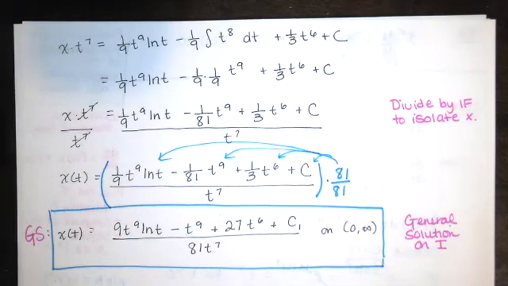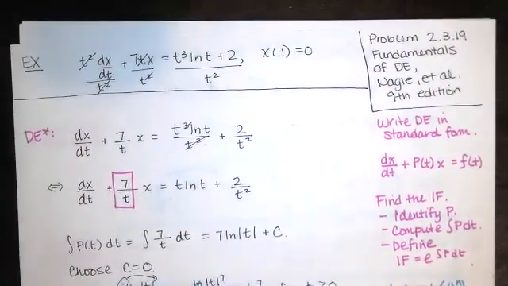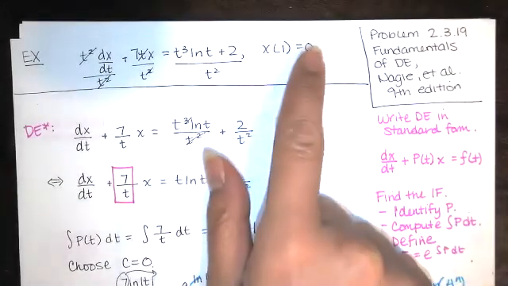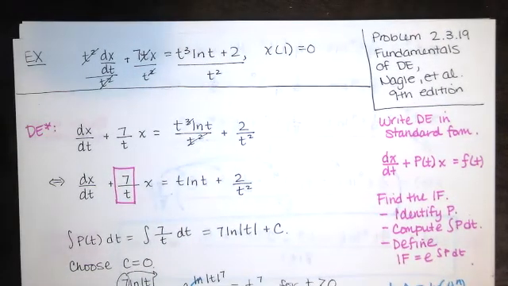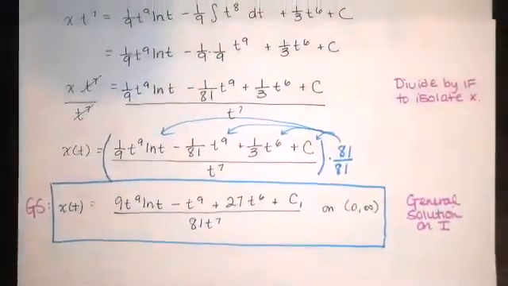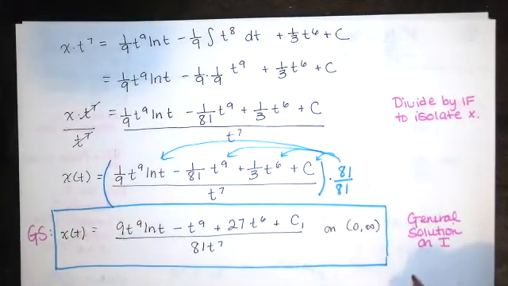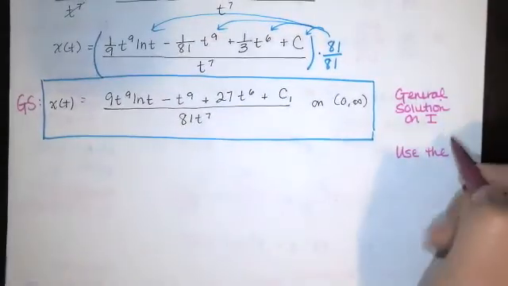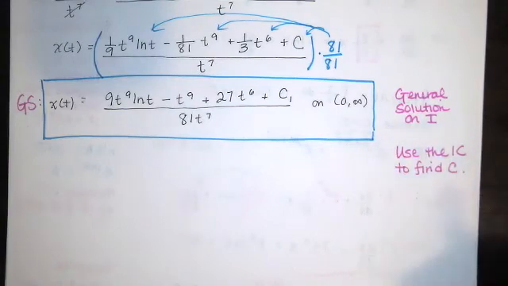But this time we were not just asked to solve the differential equation. We were also given an initial condition. We were told when t equals 1, x should be 0. We can use that to find the right value of c. So we're going to use the initial condition to find the value of c that we're looking for.